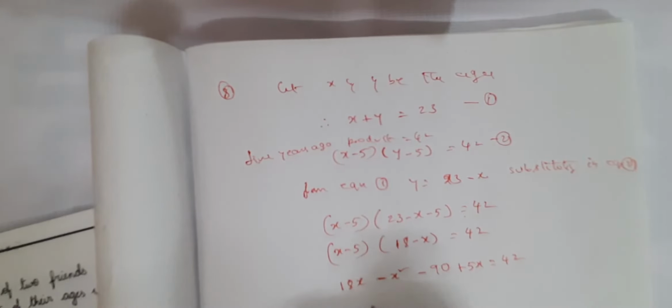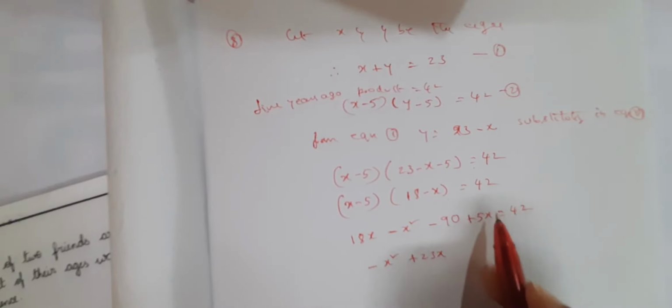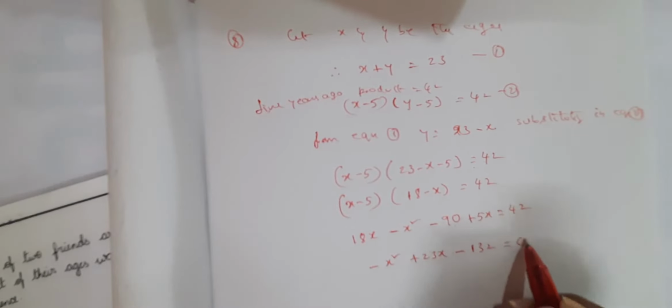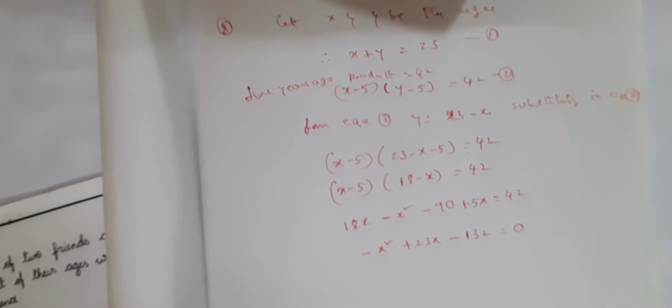Now it is minus X square, plus 18X plus 5X is plus 23X, minus 90 minus 42 is minus 132, which is equal to 0.